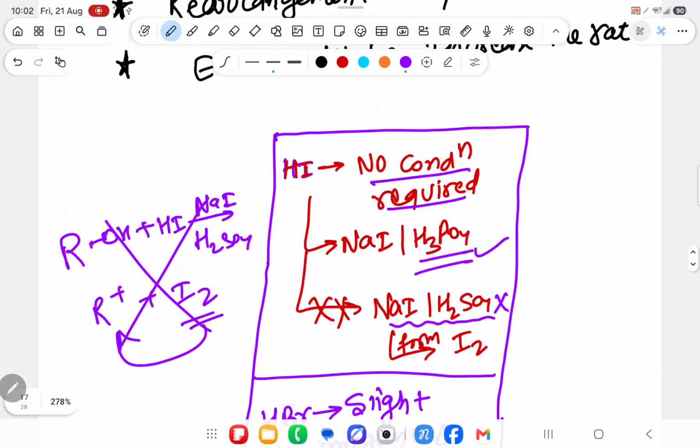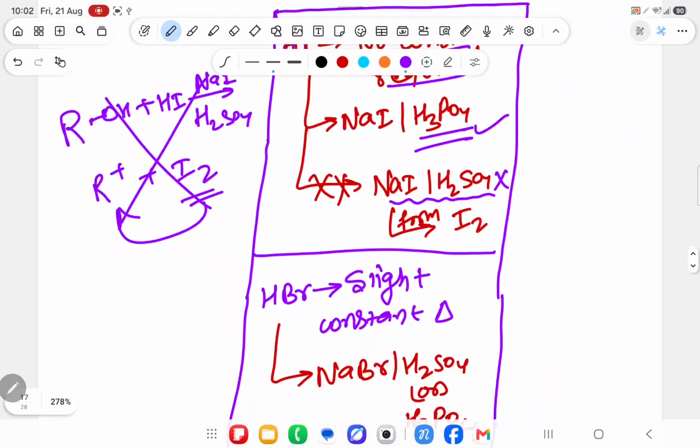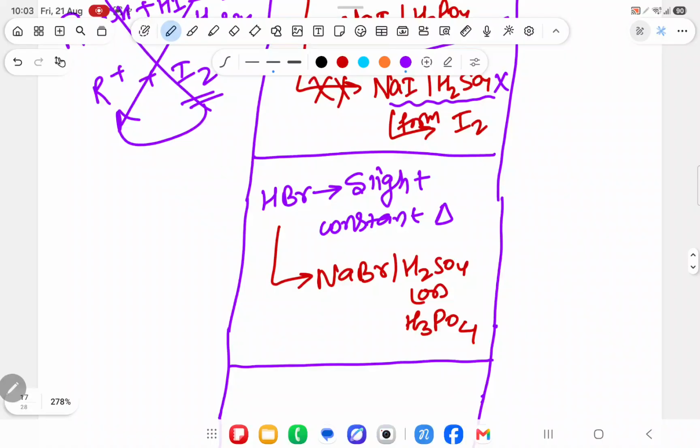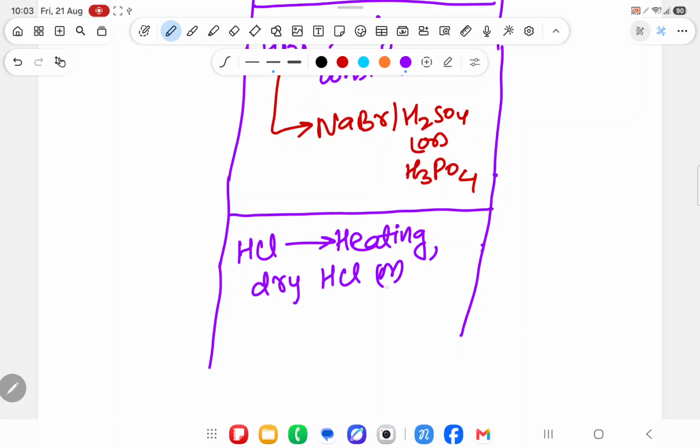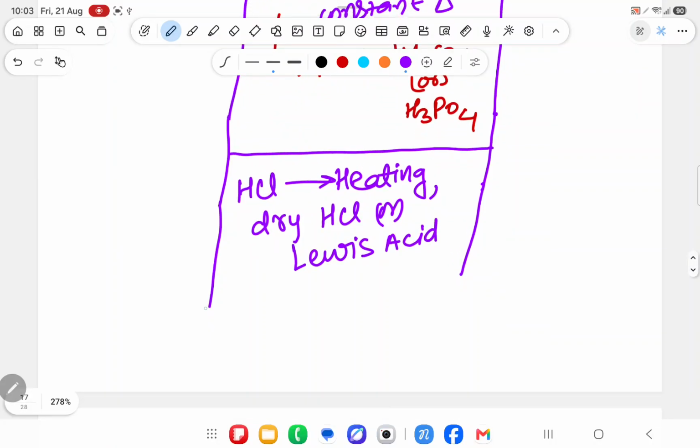In the case of HI, H2SO4 can't be used. In the case of HBr, slight constant heat will be used. This is the different part. Whenever you are using HCl, you have to do heating, as well as use a little bit of dry HCl or some Lewis acid. Why a Lewis acid? HCl with a Lewis acid like AlCl3 forms H plus and AlCl4 minus.